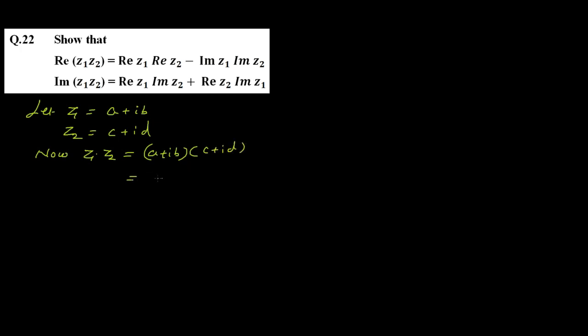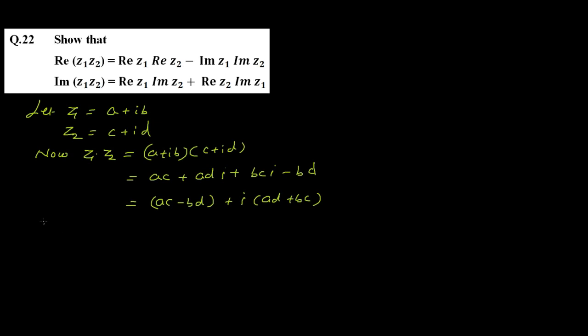If you multiply, this will become ac plus ad iota plus bc iota plus bd iota square. So I can write directly here minus bd. I can rewrite it again as ac minus bd plus iota into (ad plus bc). So this is your z1 into z2.